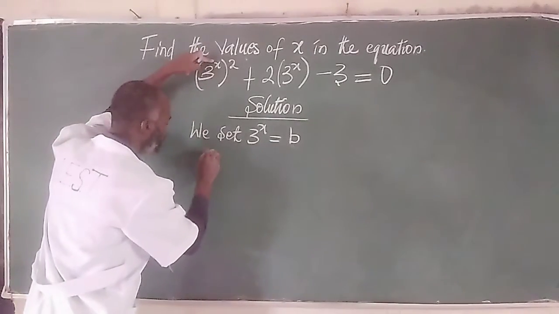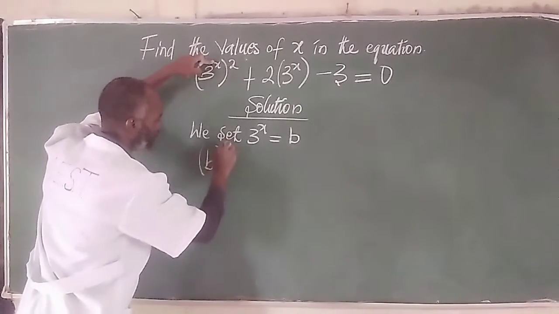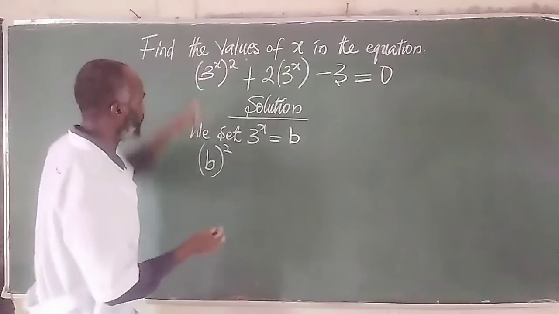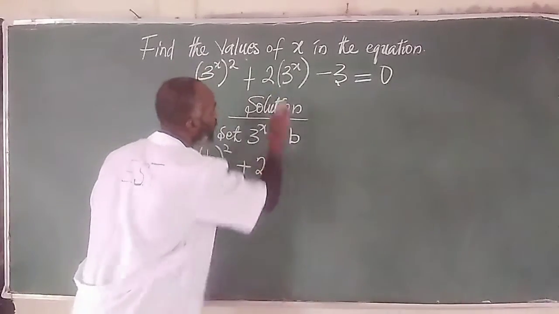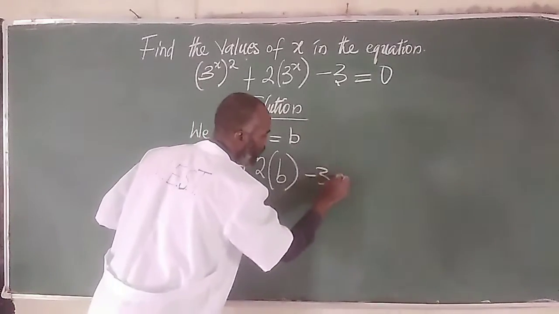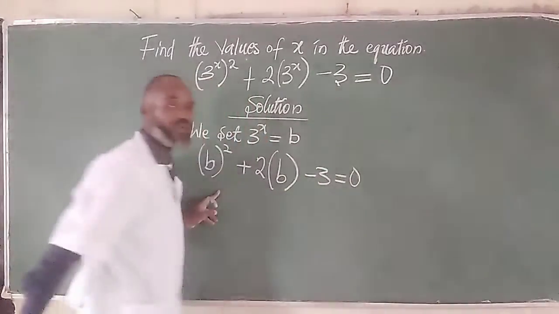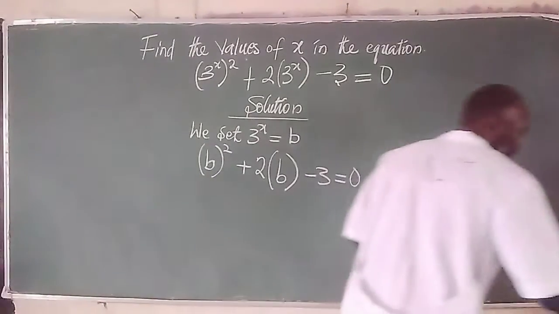It becomes b squared, plus, here we have 2, this becomes b, minus 3, all equal to 0. So we don't have much problems here. We move on.